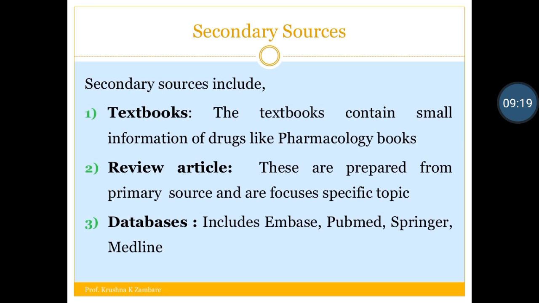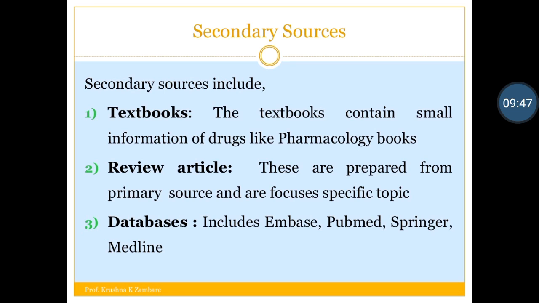Then databases. Databases include online sources like Embase, PubMed, Springer, Medline, or ScienceDirect. These are the types of journals. These journals may sometimes be free or sometimes paid. Paid means you have to take an annual subscription, six-monthly or bi-monthly subscription, so that you can save, print or collect the data.